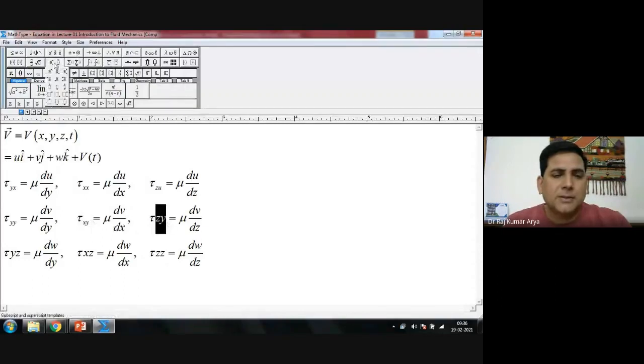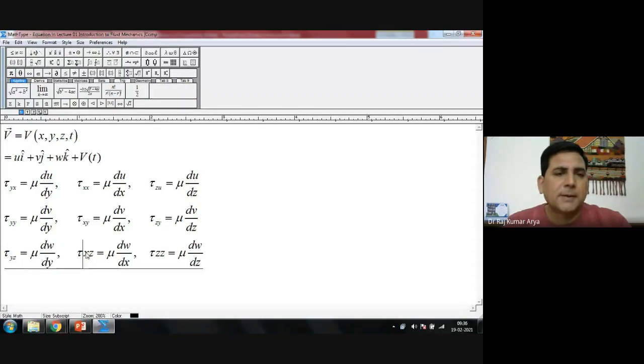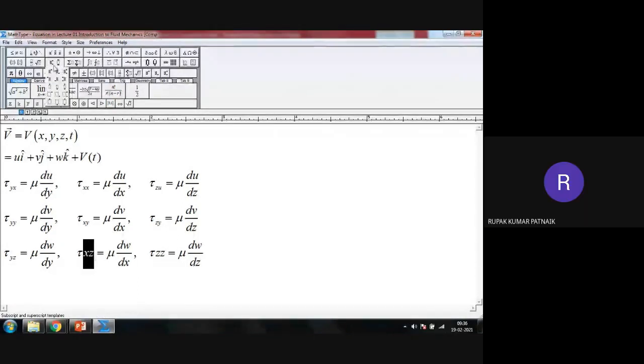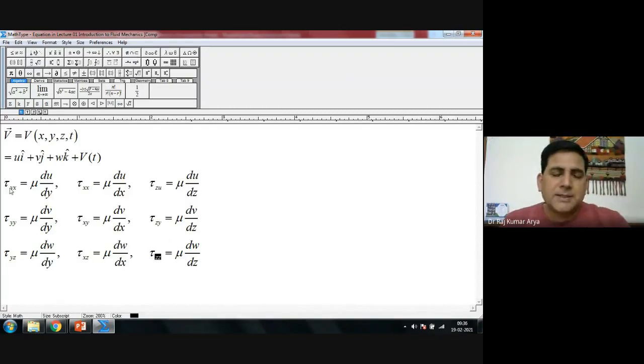So can you tell me, out of these, what is the first one, what is the second one? If I write tau yx, what does it mean? So tau yx, the y represents the plane and x represents the direction of velocity. So it is actually stress on the y plane, and you are finding it in the x direction, okay?